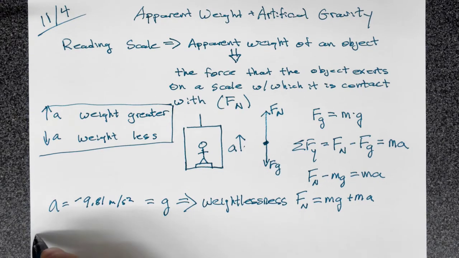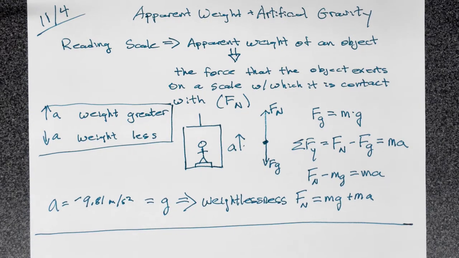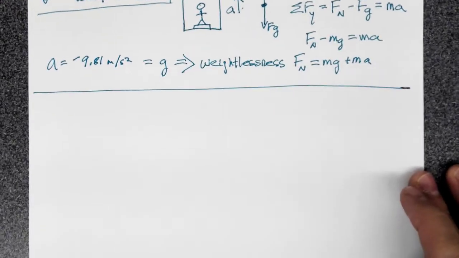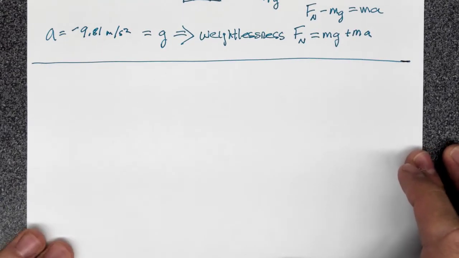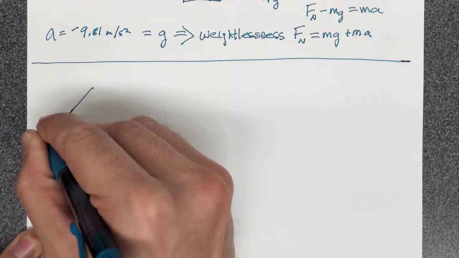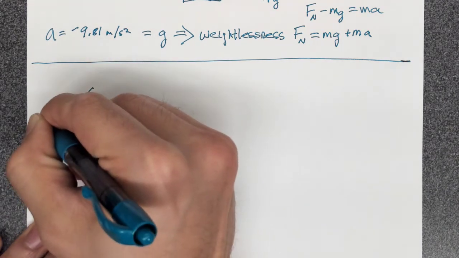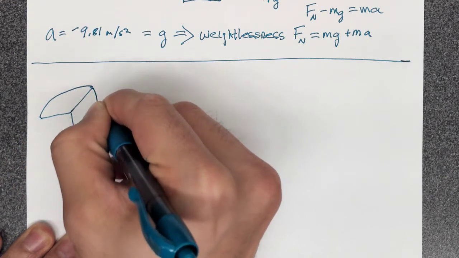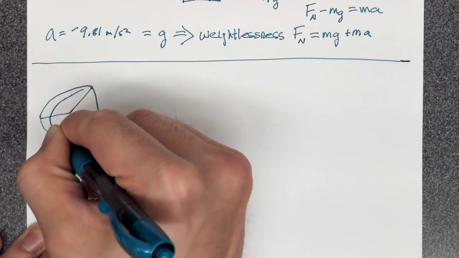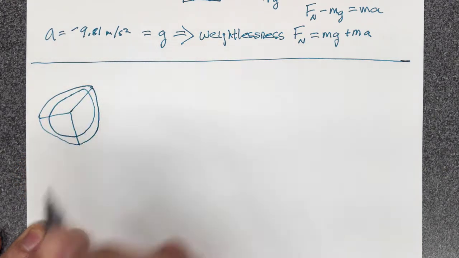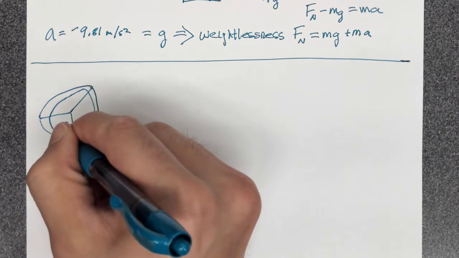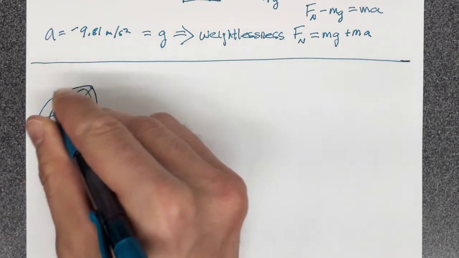Now, another example is what happens in the situation of this cylindrical type of object that has a track on it. Imagine if this is actually a circle and there's a little person that can walk all the way around in a circle.